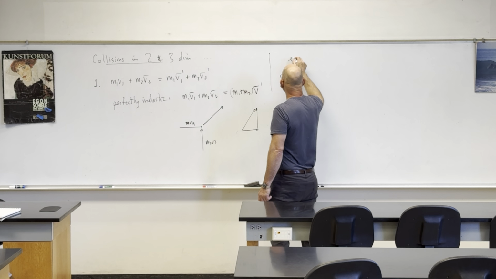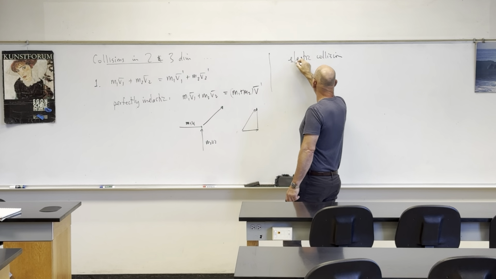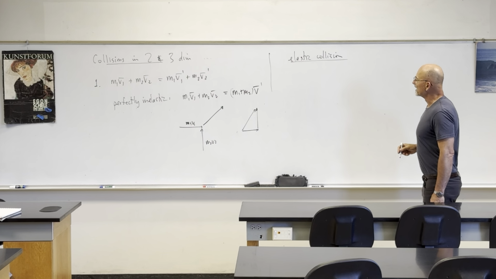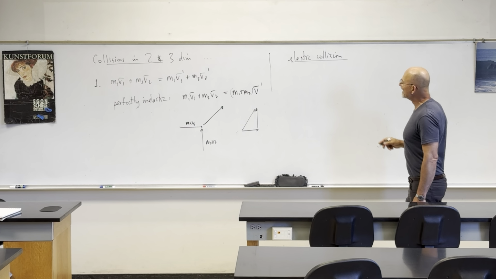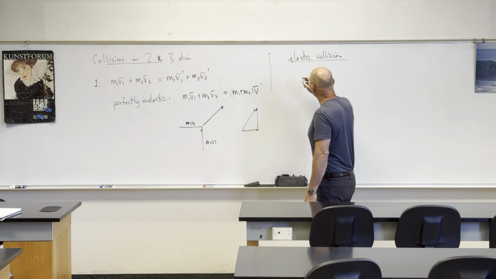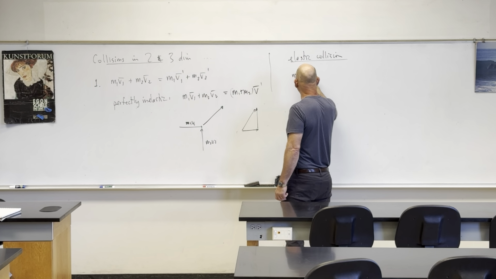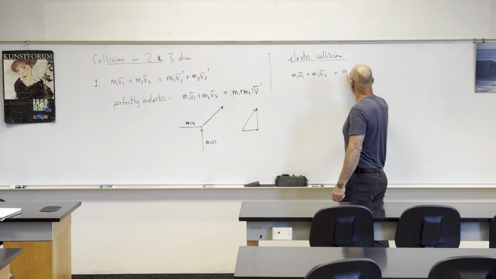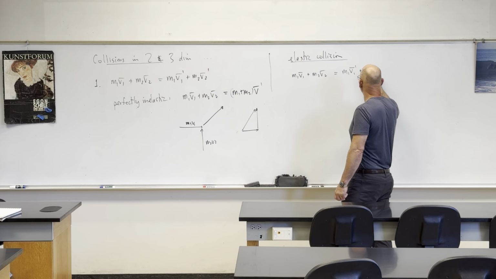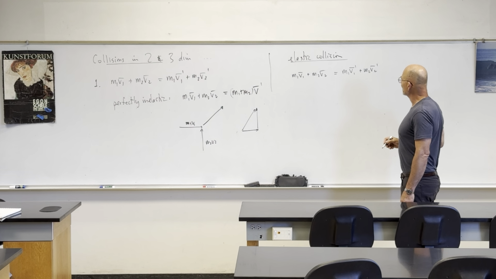Now, if you're doing the elastic collision, then we actually have to look a bit at what kind of information we have available. So let's go ahead and just write this down again and count equations. So we have M1V1, M2V2, the before and after of that in terms of momentum.